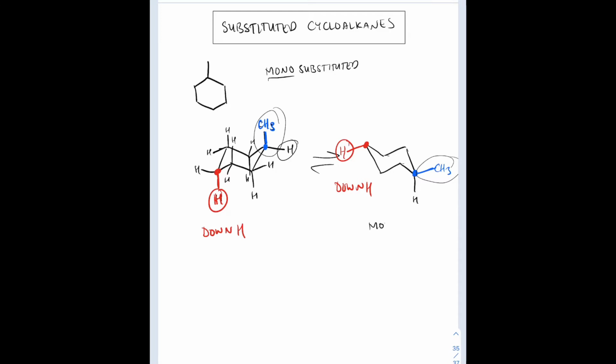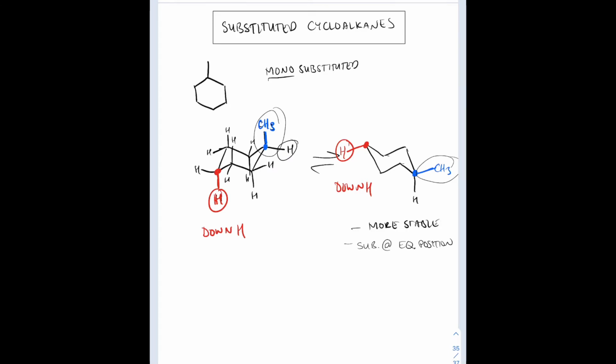So if you said that this one on the right was more stable, then you are correct, because if you have a substituent, then we want that substituent at the equatorial position. Okay, more stable: substituent at the equatorial position.